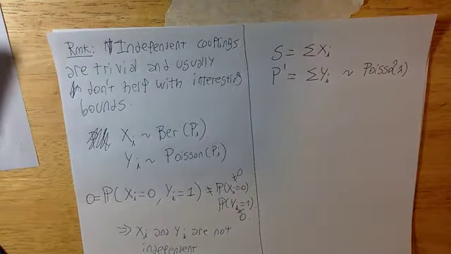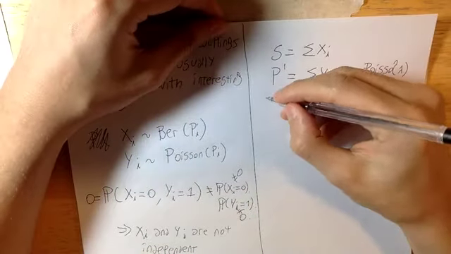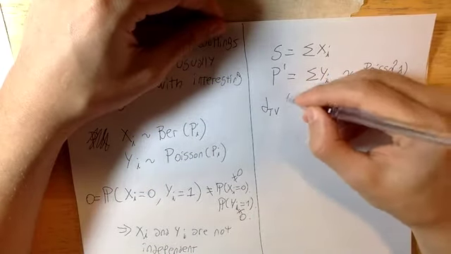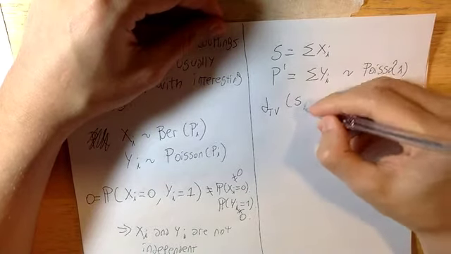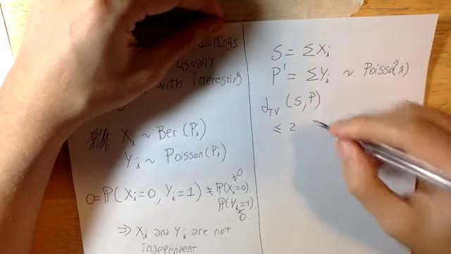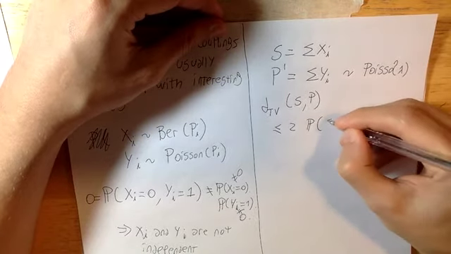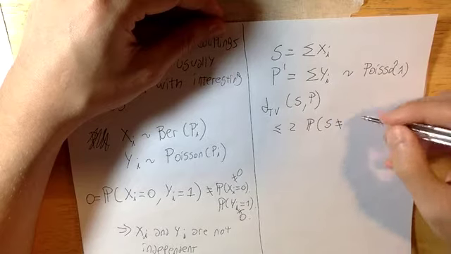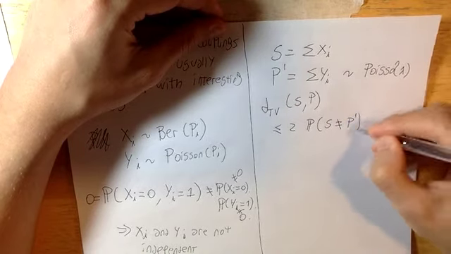This is by the previous property here. Now, if we want the total variation distance between S and P, this is going to be less or equal than 2 times the probability that S is different from P prime.